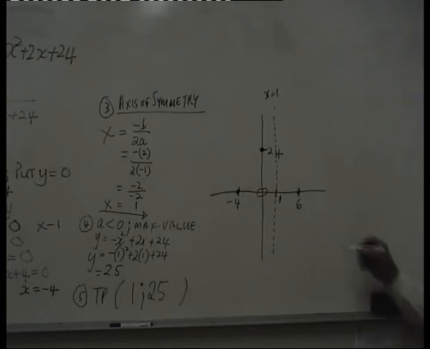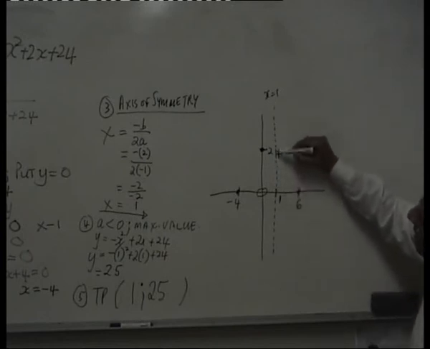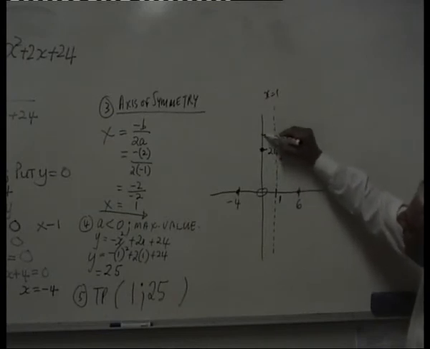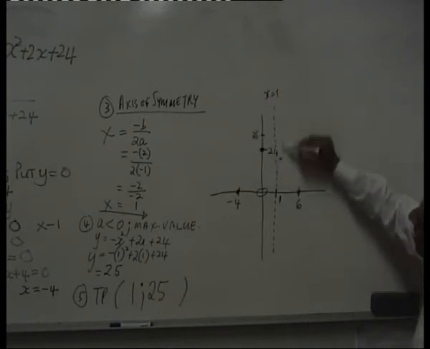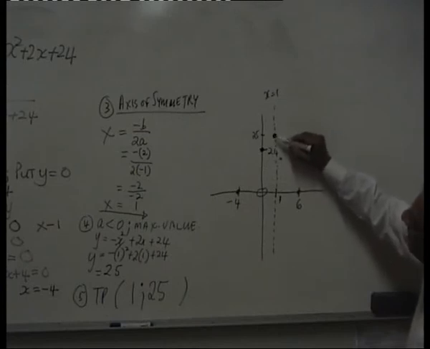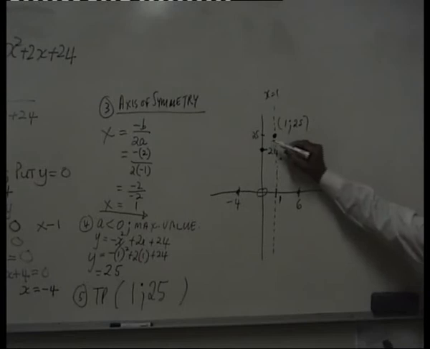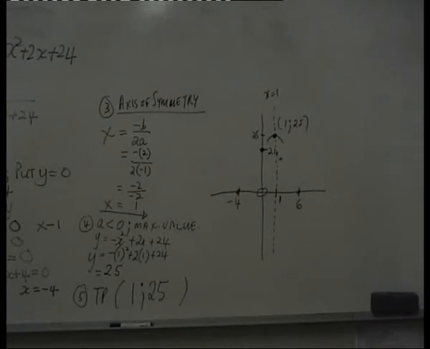And your turning point is (1, 25). So there's 1, and that's 24. That's 24. So 25 is somewhere here. So (1, 25) is here. And it's a right. So you plotted (1, 25). That's the point. Now, it's a maximum value graph. That means the graph comes here and turns like that. So that's the meaning of a maximum value turning point. Now, it's very easy.